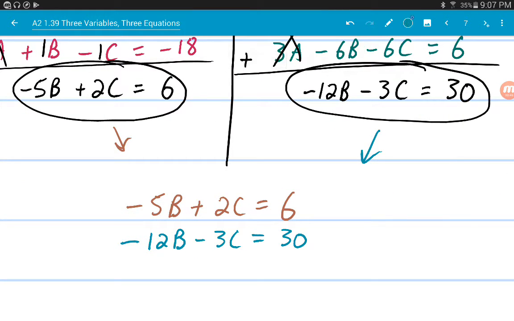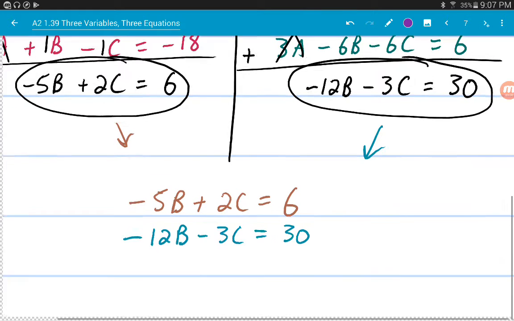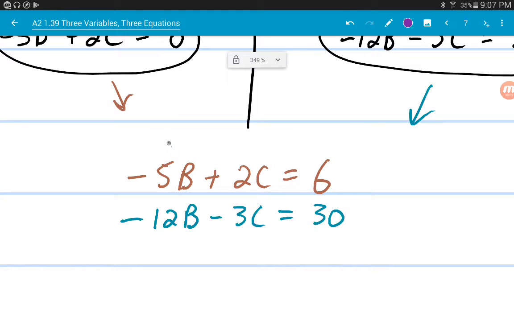Now I need to cancel out either b or c. That means I have to get the same number on the front, like these have to match, or these have to match. The only thing I can think for 5 and 12 is maybe 60. I can multiply by 12 here and multiply by 5 here and get 60.